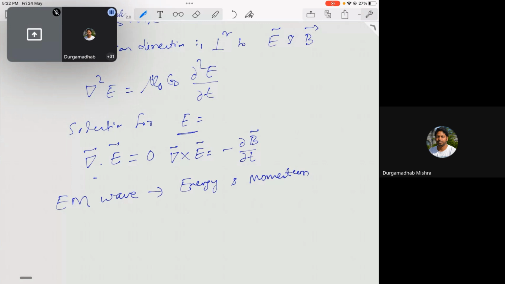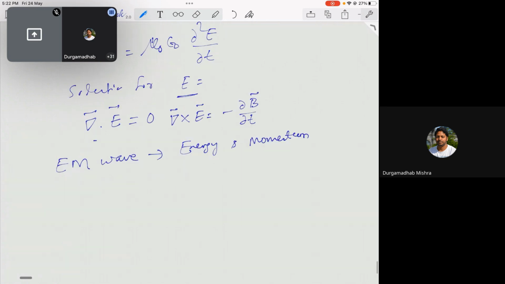It will be exactly the same for any electrostatic or magnetostatic case. The energy associated with electric field is half epsilon naught E square dV.